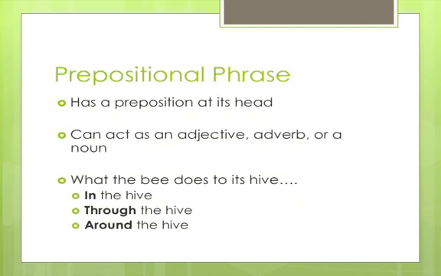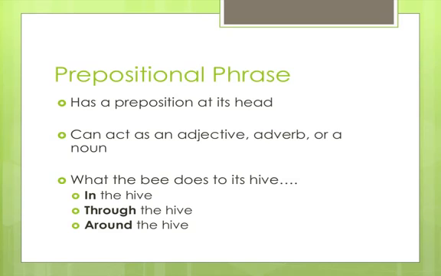So the first phrase we want you guys to know is what we call a prepositional phrase. And this is a group of words acting as a unit that has a preposition at its head. And the way you remember what a preposition is, think of what a bee can do to its hive. It can fly through it, around it, under it, over it, between them, among them.